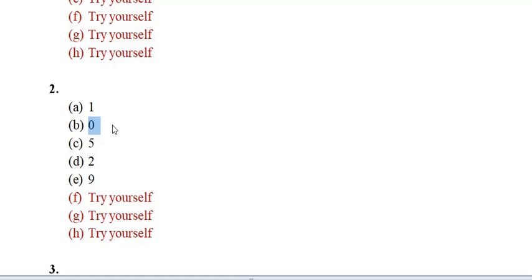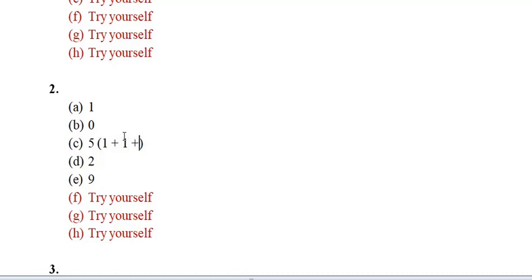Now xyz. As I already said, if any variable is powerless, then we will assume it to be 1. So the power of x is 1, the power of y is 1, and the power of z is 3.